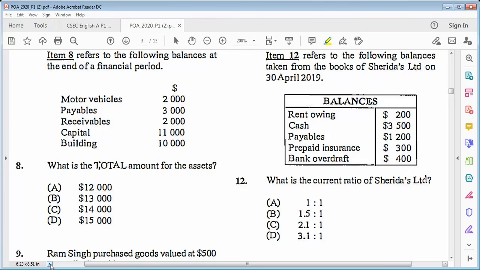We have motor vehicles, $2,000. We have receivables, $2,000. And our building, which is $10,000. So when we add all of that together, we get $14,000. So our answer is C, $14,000.